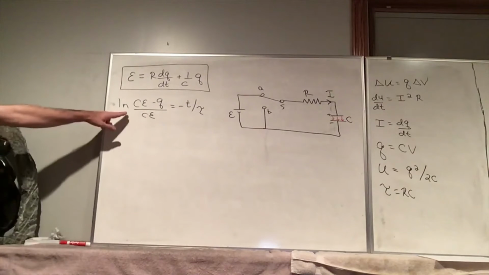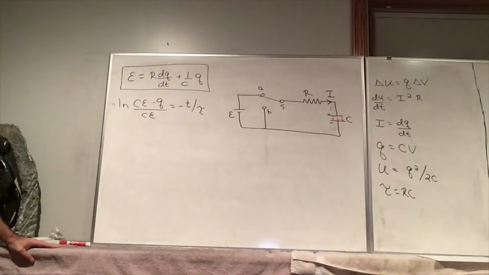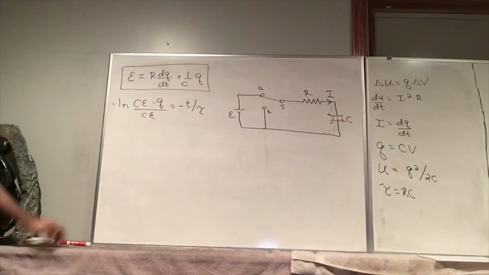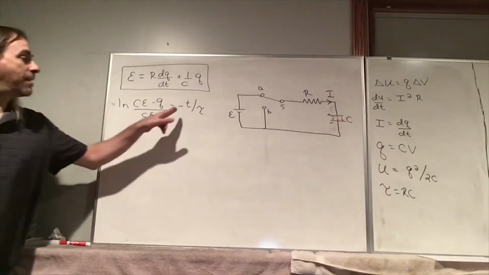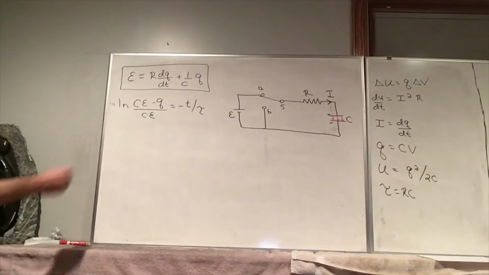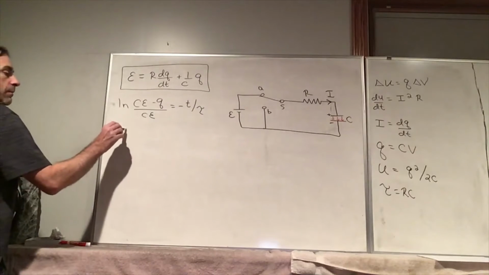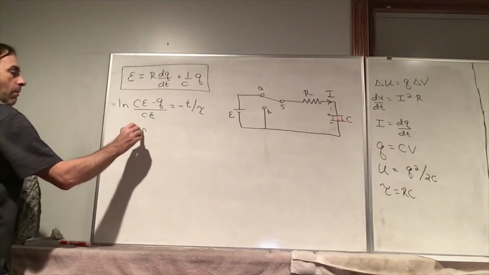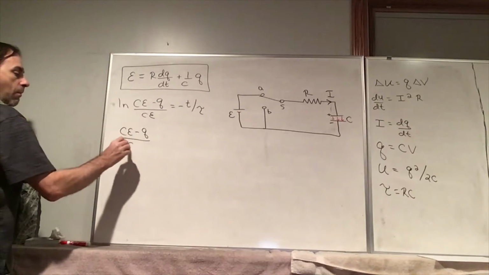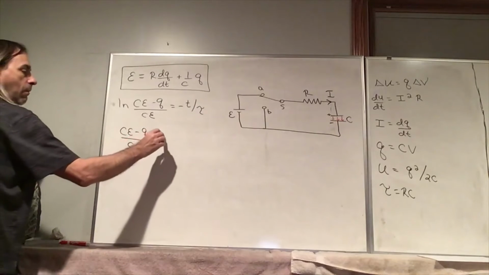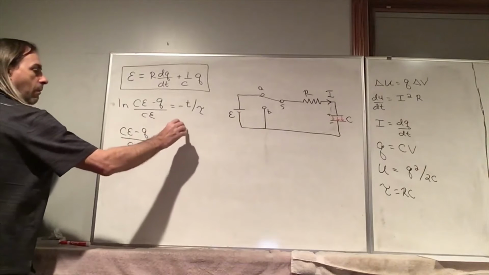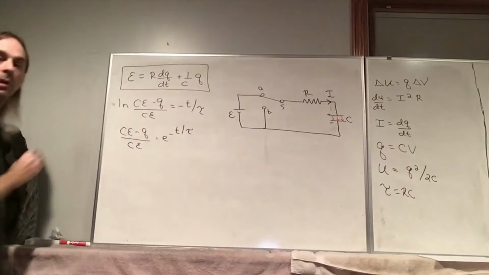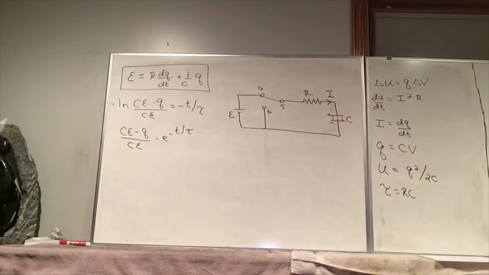Now, let's get rid of this natural logarithm. So, just from how they're defined, e to the minus t over tau is just equal to this fraction. And let's solve this for q.